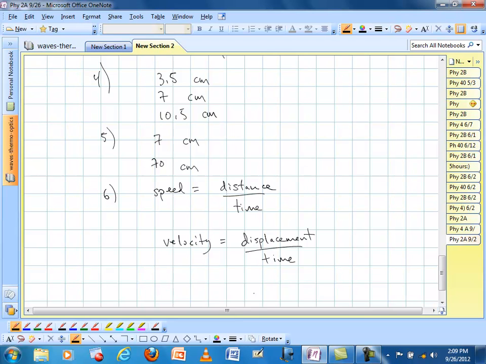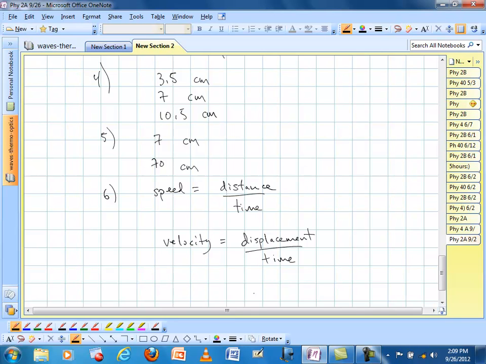Maybe you go for a jog. You leave your house, you jog 3 miles down the road, you turn around, you jog 3 miles back, you get back to your house. What distance did you travel? 6 miles. What's your displacement? 0, because displacement, you just care about how far this thing's moved from the beginning to the end.